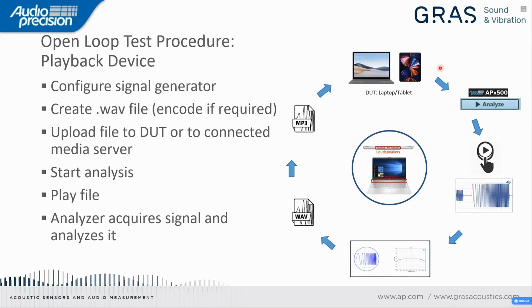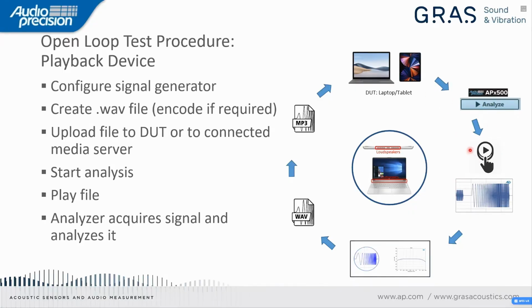The next thing is to start the analysis in the computer running the AP software. As the signal was originally created in this computer, in the APX software itself, it has a pilot tone in the beginning.